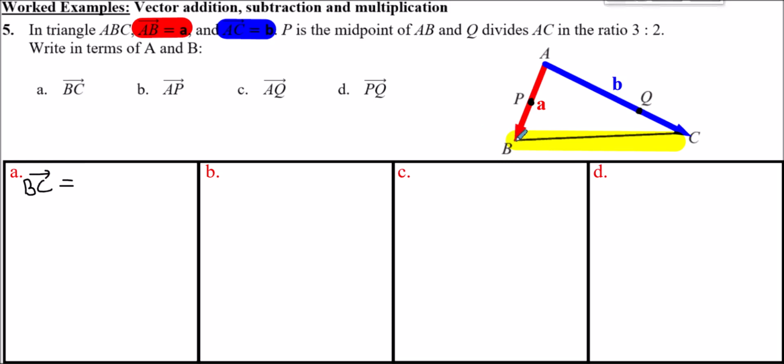So how do we get from B to C using these vectors we know? Well, starting at B, we can go to A, then once we get to A, we can go to C. So BC is the same as BA plus AC.